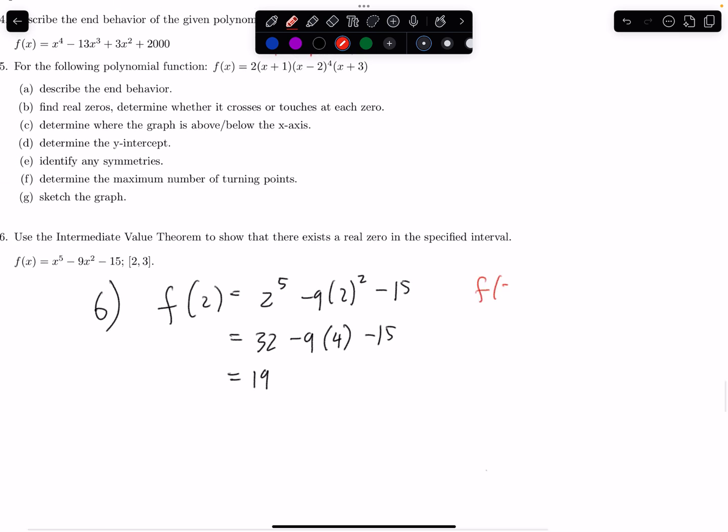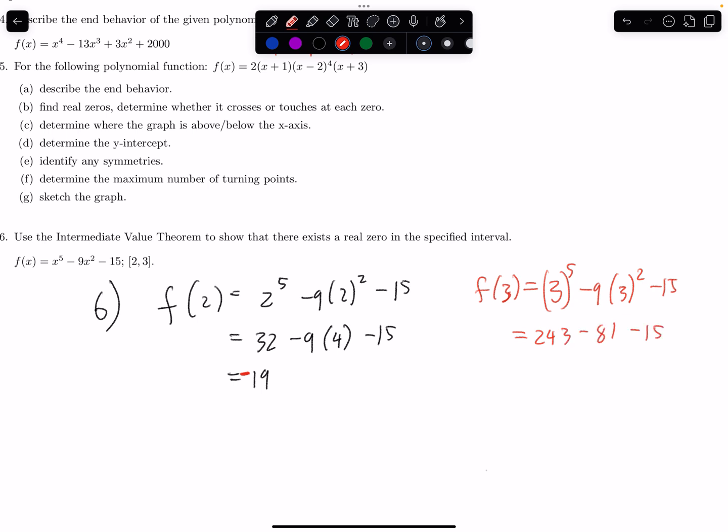Now I'm going to check f of 3. Oops, sorry guys, this is negative 19, importantly. I missed the most important part. This is 3 to the 5th minus 9 times 3 squared minus 15. 3 to the 5th is 243. 9 times 9 is 81.